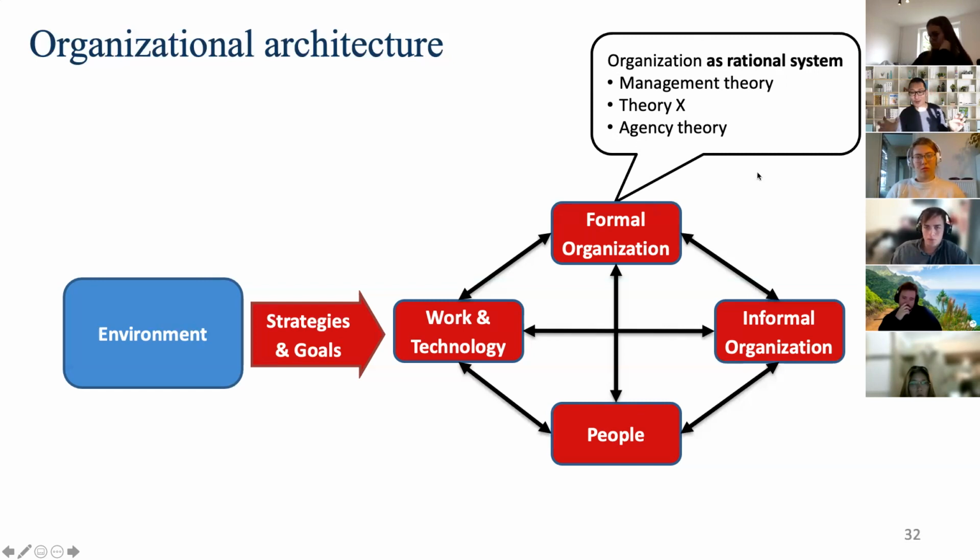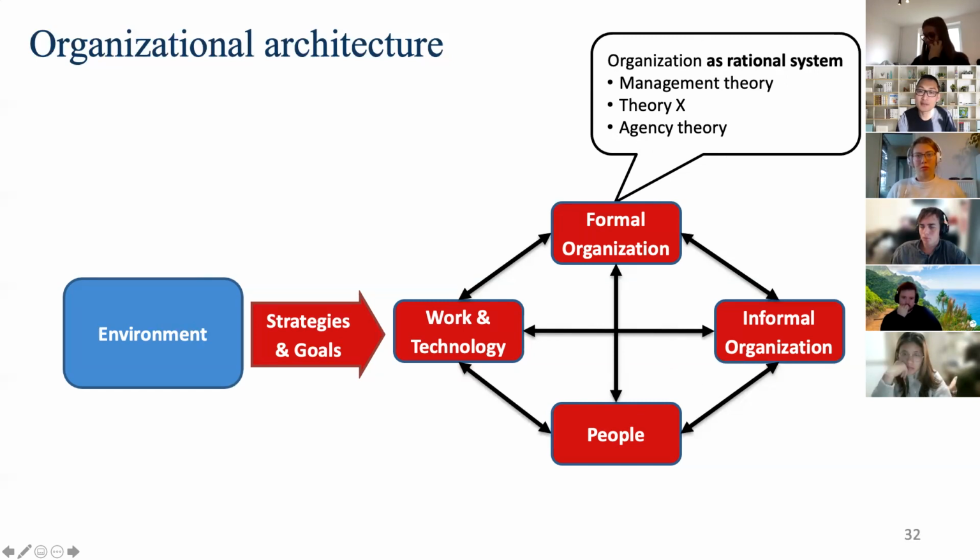Workers and managers may work for their own benefit, and at the same time they may sacrifice the goals of the stockholders or the owners of the company. So that's basically the rational system theory, which considers the organization as a rational system, right?